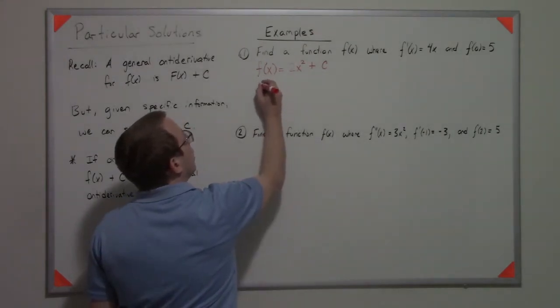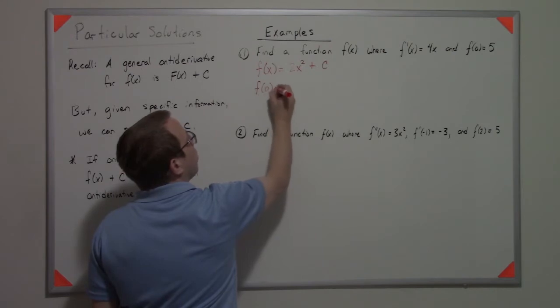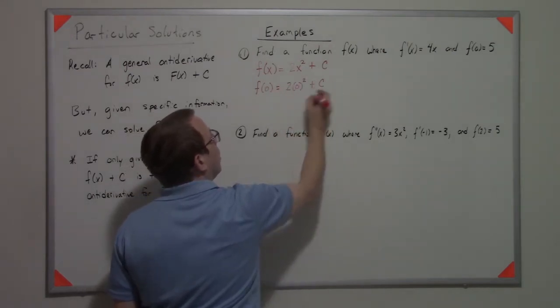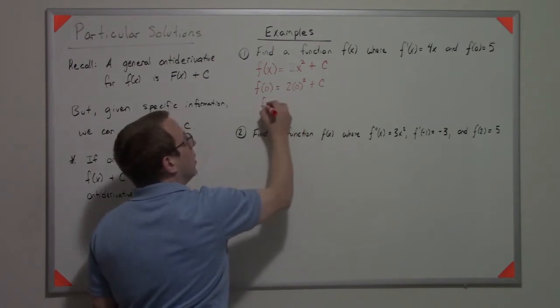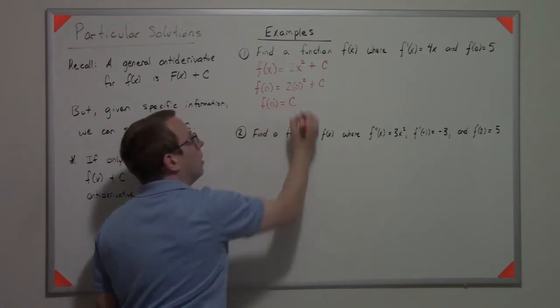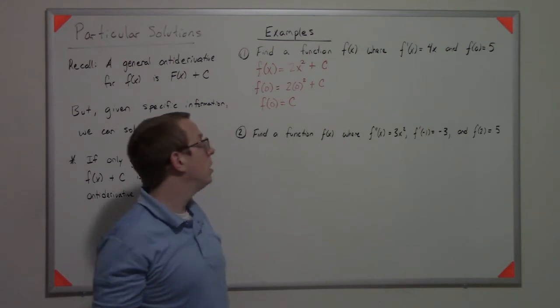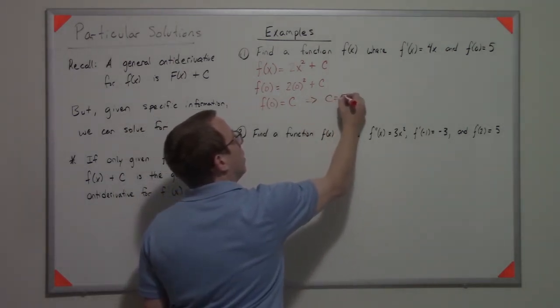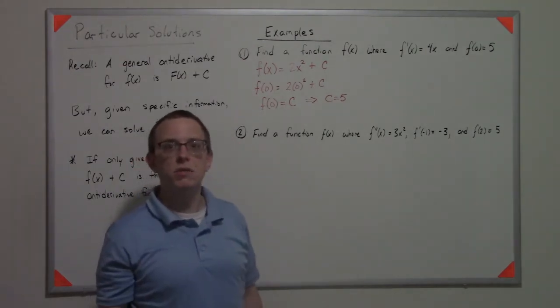So f of 0 is c. So that tells me that c is 5.